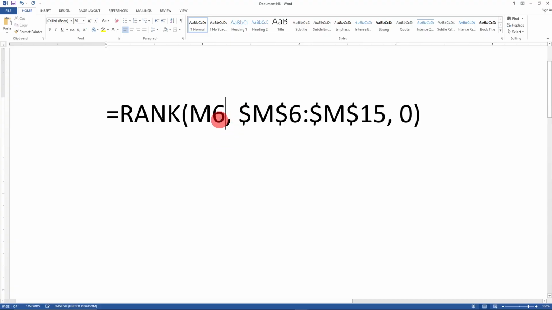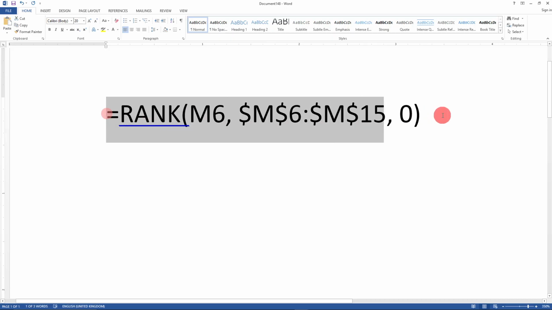So it's M6 for Michael, and it will continue like that, M6, M7, M8 to the last person. So the M6 is the cell, as we did for the previous ones, and the 15 here is for the last person.